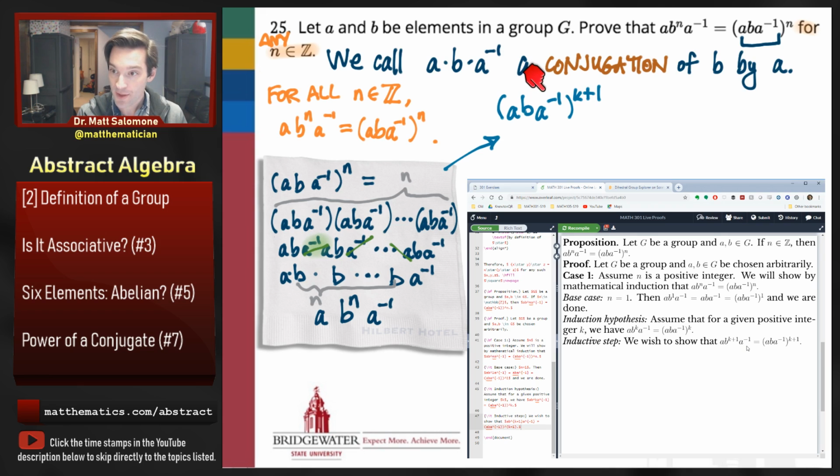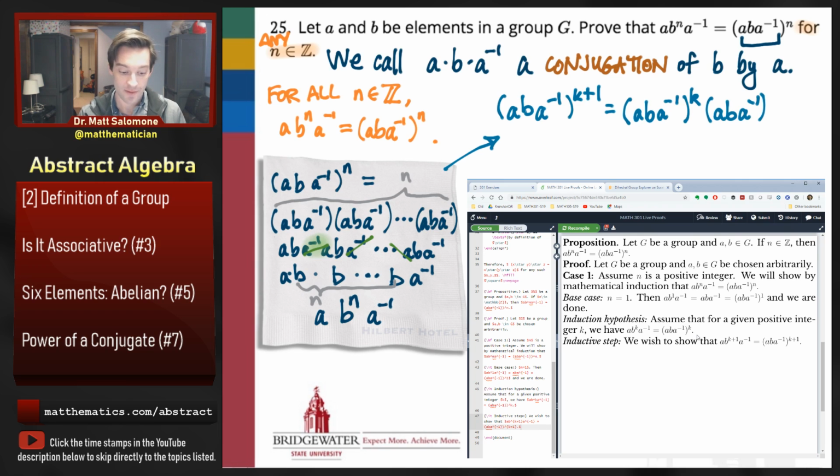And the induction hypothesis, which we're assuming to be true, has k's in the exponents instead of k+1s. So my strategy has got to be to reduce this exponent from k+1 down to k. I can do that by just peeling off one power of AB A inverse. So AB A inverse to the k times AB A inverse.